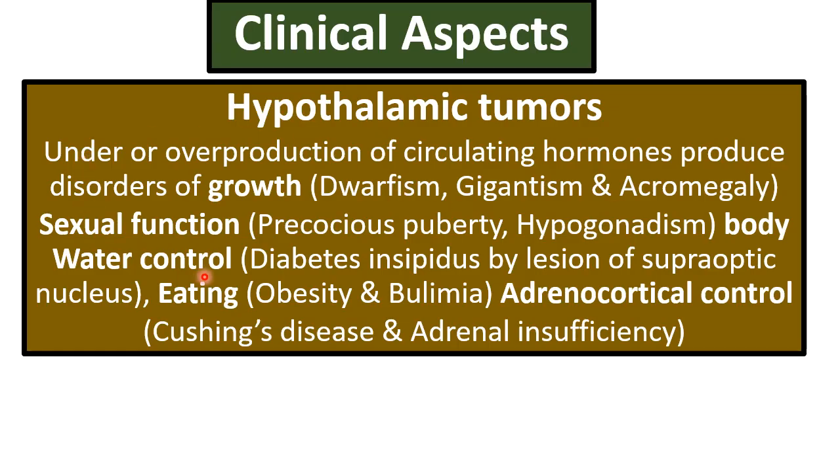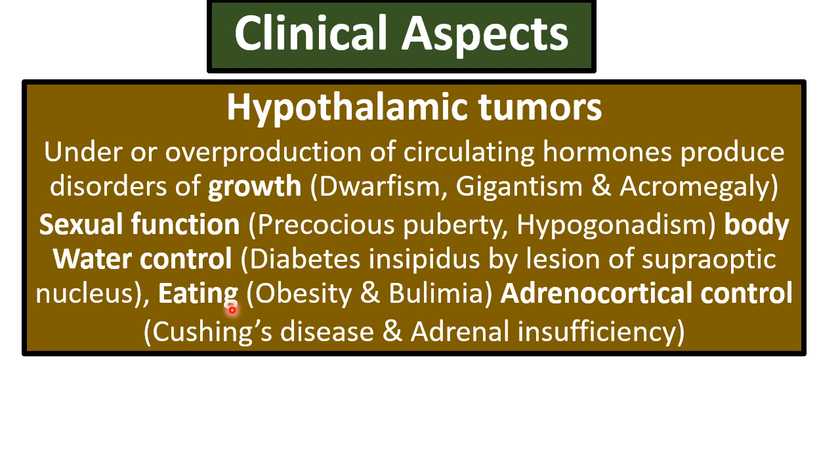So hypothalamic tumors, what about the clinical aspects? Under or overproduction of circulating hormones produces disorders of growth hormone, causing dwarfism. If it is producing more, that is gigantism, then acromegaly. Sexual function: precocious puberty, then hypogonadism if it is less. Then body water control: diabetes insipidus by lesion of the supraoptic nucleus.